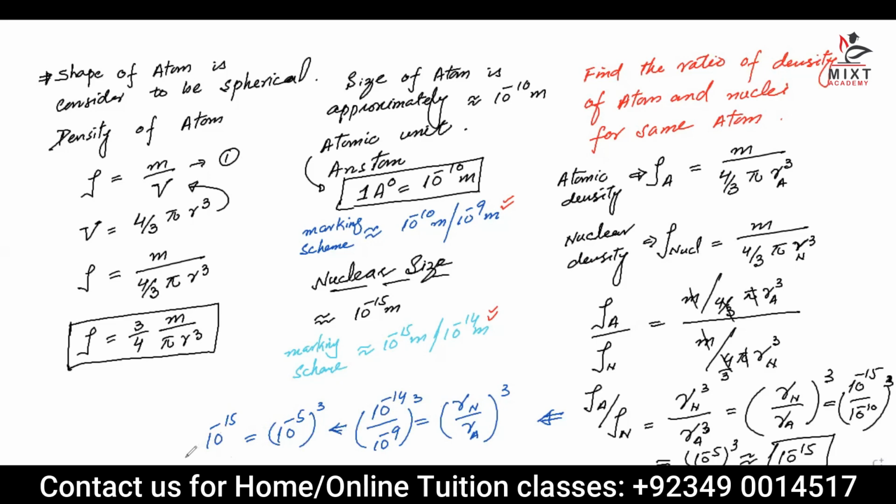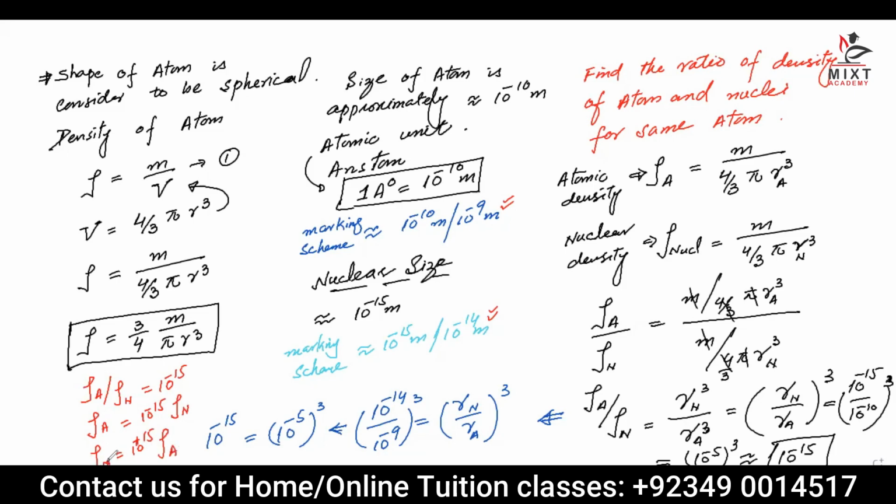So if a question comes in the MCQ asking how much is the difference between atom and nuclei, you can write that the density ratio of atom to nuclei is equal to 10 raised to power minus 15, which means the nuclei is 10 raised to power 15 times denser than the atom.